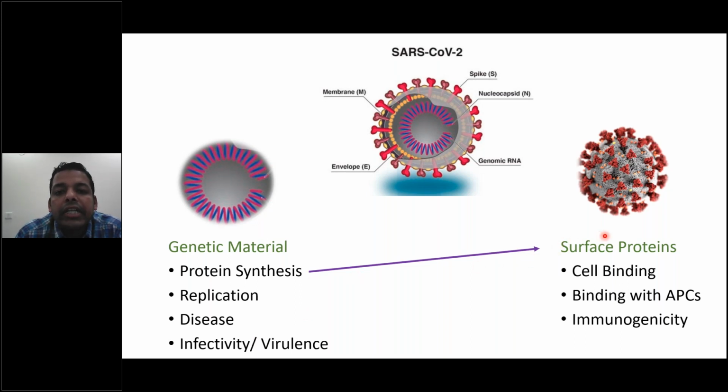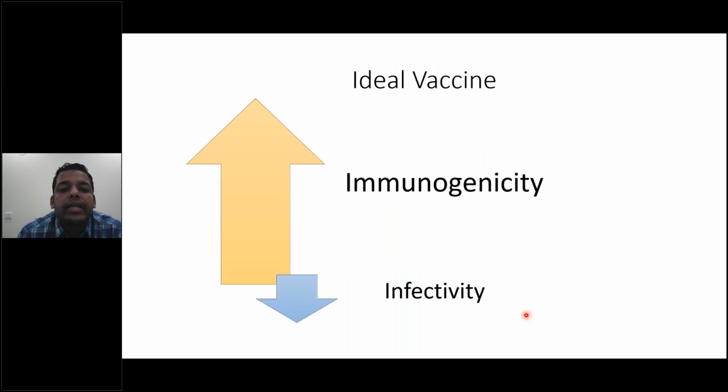The surface proteins are involved in cell binding. They bind with the antigen presenting cells and lead to immunogenicity. So as a vaccine, what we want is something that has high immunogenicity and very low or minimal infectivity.